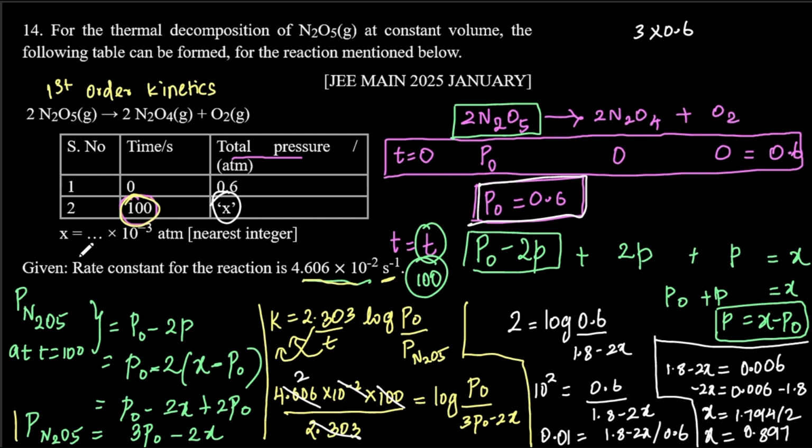Finally we got the x value equal to 0.897. Here the answer should be in 10 power minus 3, so multiply and divide by 1000. When you multiply by 1000, the answer will become 897, and this 1000 can be written as 10 power minus 3. So the answer is 897 into 10 power minus 3. So this is the answer.